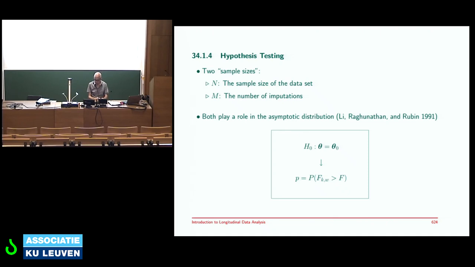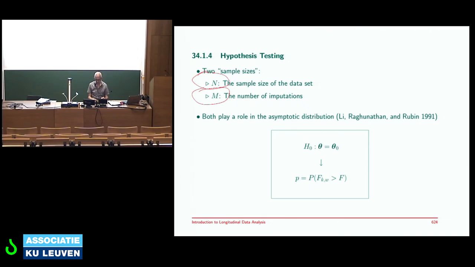But if that doesn't work, like with categorical data, we use chi-squares, for example, which is an asymptotic result. The thing is here, in this setting, as I just said, N can go to infinity, but it doesn't mean M goes to infinity. So if N and M both go to infinity, then you are back to a full asymptotic situation.